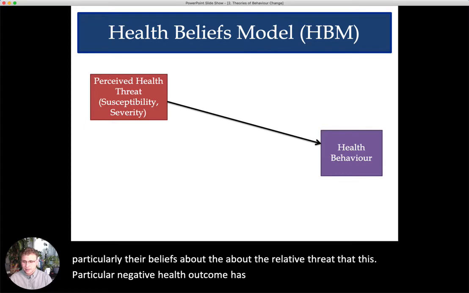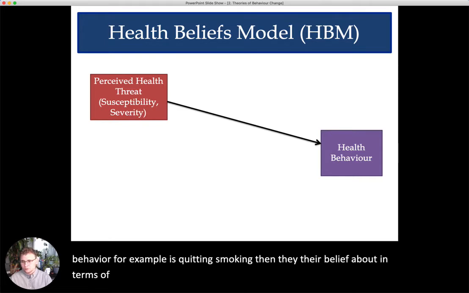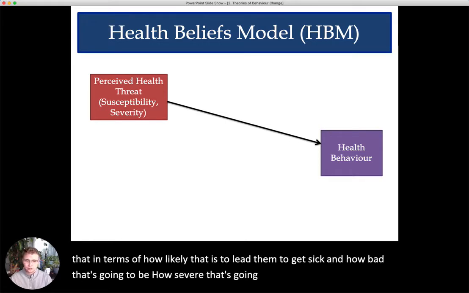If the health behavior, for example, is quitting smoking, then their belief about how likely that is to lead them to get sick and how severe that's going to be is going to predict their engagement in that health behavior.